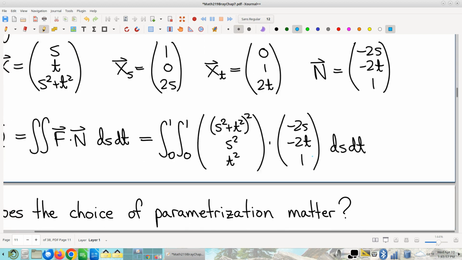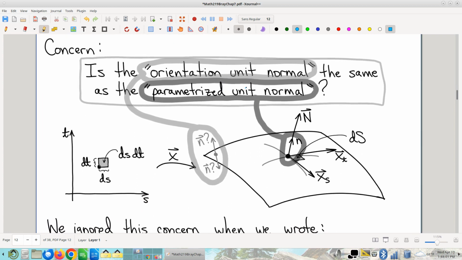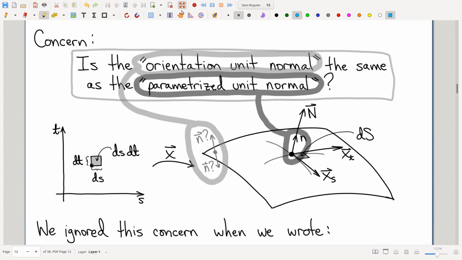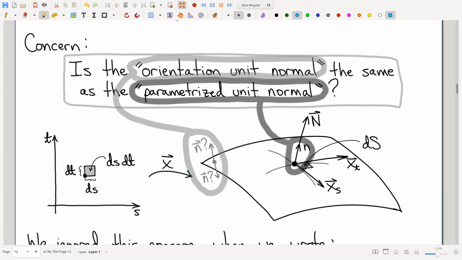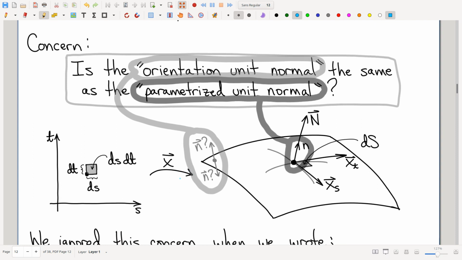So what's going on there? What's the problem? The problem is about orientations. There we go, we can see a little bit better. You've got to keep in mind that the surface we're looking at originally comes to us with an orientation. This is not just a dumb surface, this is an oriented surface specifically.